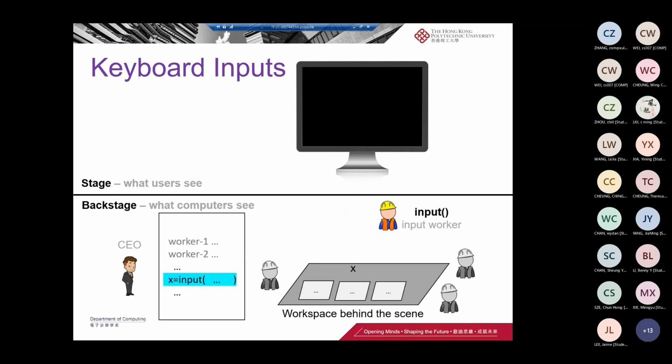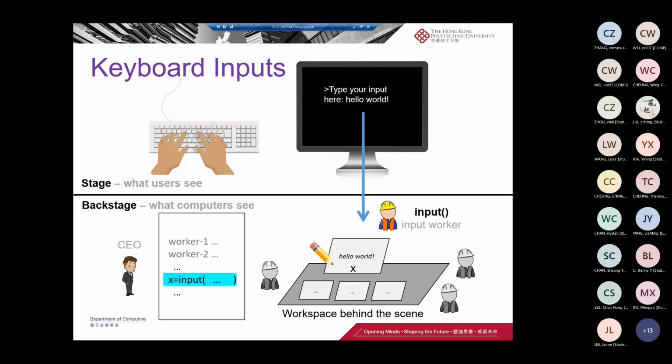Let's see the CEO writing a script by assigning jobs to people, and by calling input, this line of code will have the workers first prepare a punchable car in a workspace named X to take the input from the user. Here we're accepting the user's keyboard input, and that information will be copied to the punchable car.